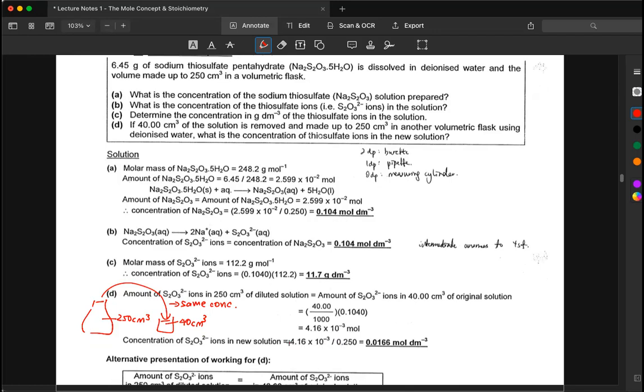Because after this, it is diluted again to another volumetric flask of 250 cm cube. So the number of moles is the same. What differs now is the concentration. So it will be diluted lah.